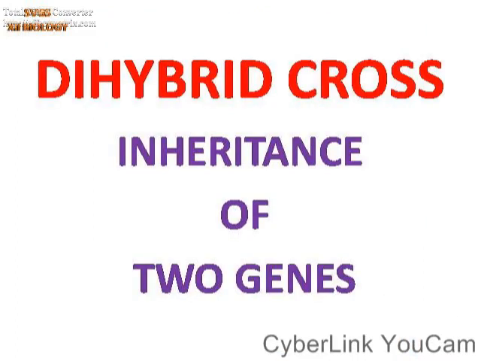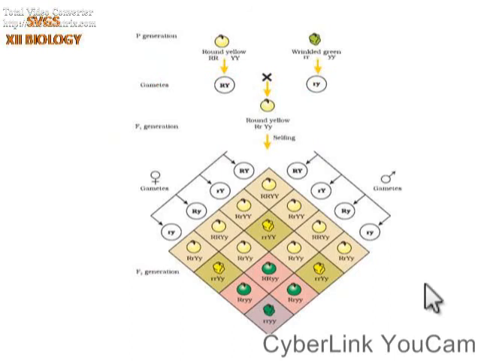Moving on to the dihybrid cross, that is inheritance of two genes, when two genes and two different characteristics have been taken for the study. Mendel took two different phenotypes, that is two different expressions in a plant, for his dihybrid cross. He took a round yellow colored pea and a wrinkled green colored pea.